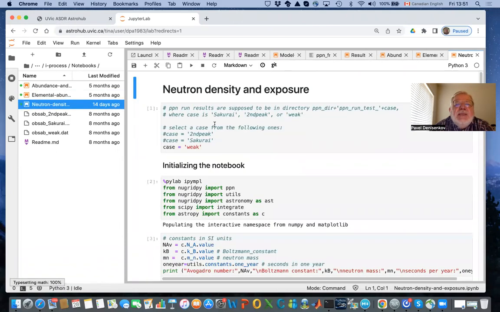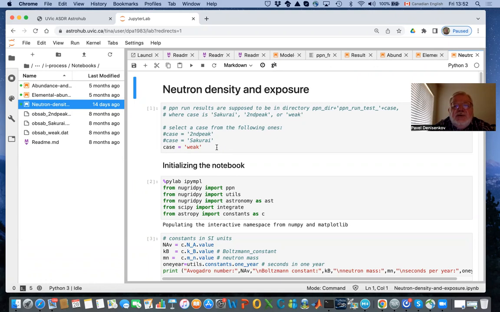Okay. So, for instance, the third notebook is called neutron density and exposure. Each of these additional notebooks first allows you to choose the case that you are interested in. So now we are interested in case weak.